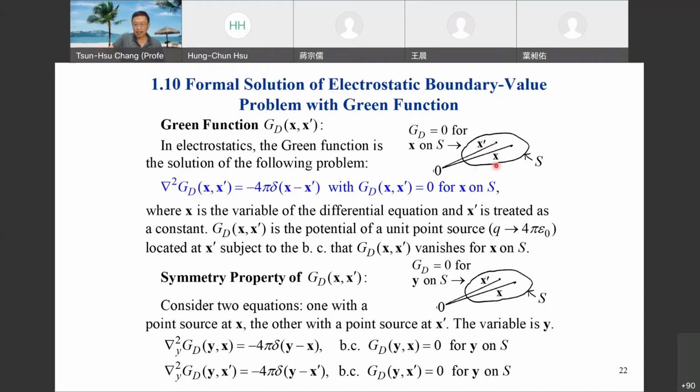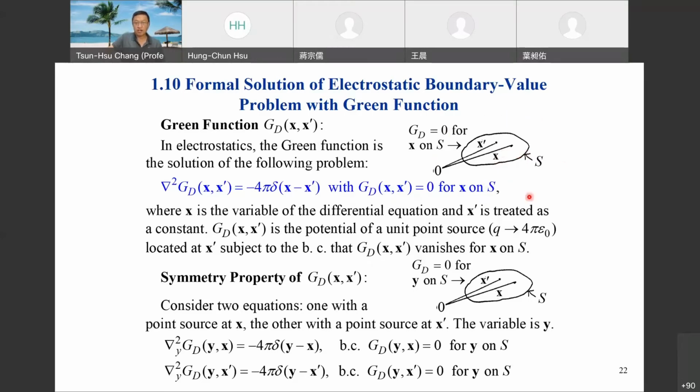So you can consider x prime as the source and x as the observer. You can change the source to another source, and you can also change the position of the observer. The observer can be here, can be here, can be everywhere.